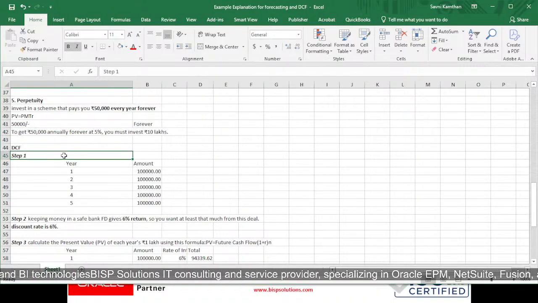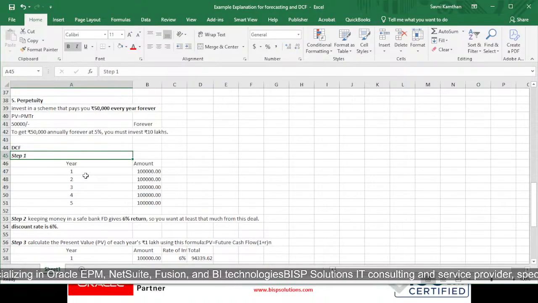The first step will be estimating future cash flows, where our goal is to buy a tea stall and we want to know how much it's really worth today based on the money it will earn in the future.